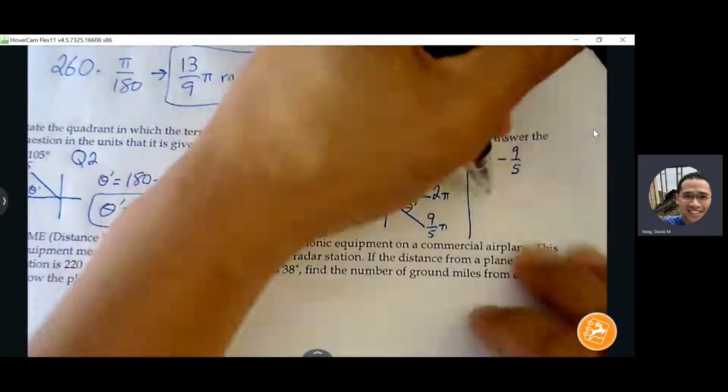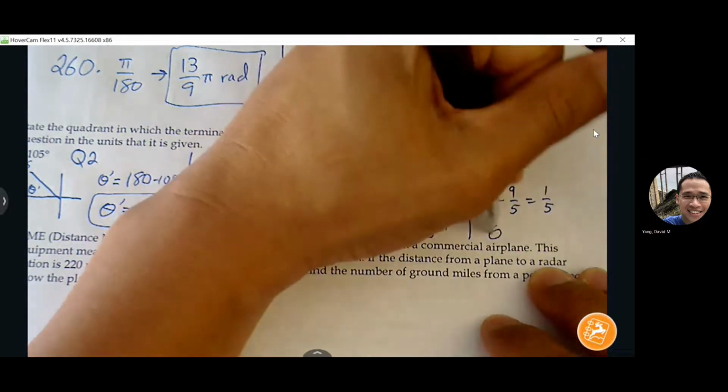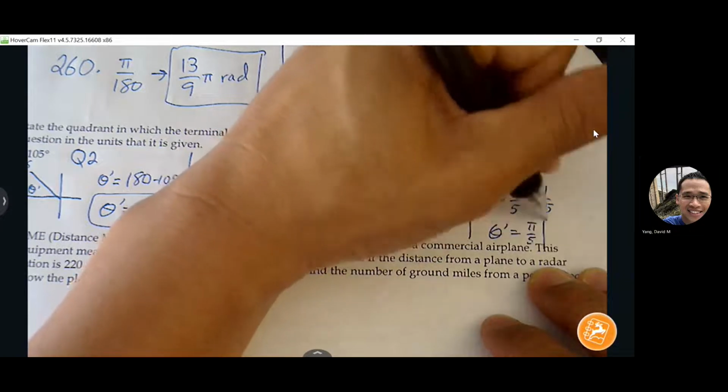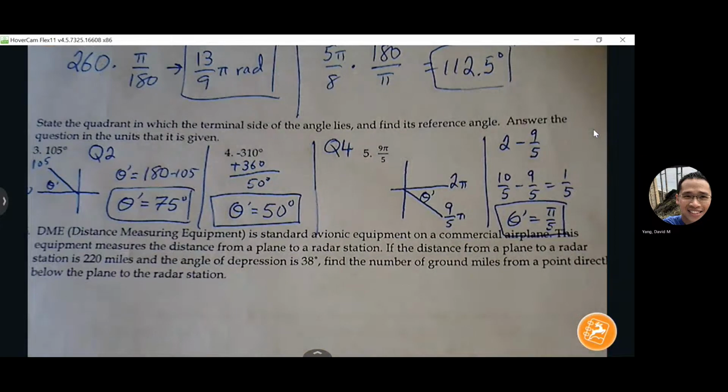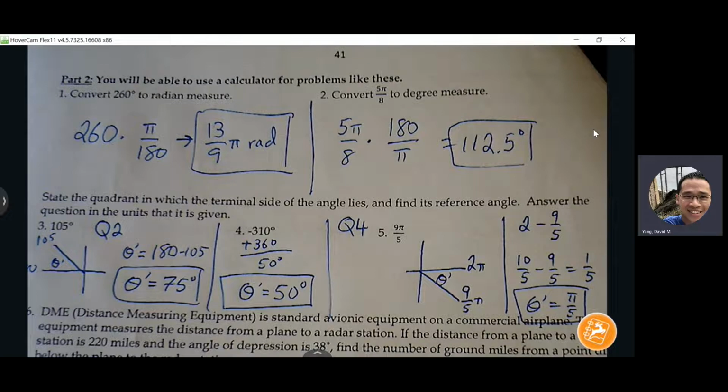Use your calculator or find common denominators. Okay, any questions? Page 40, and 1 through 4 on page 41.